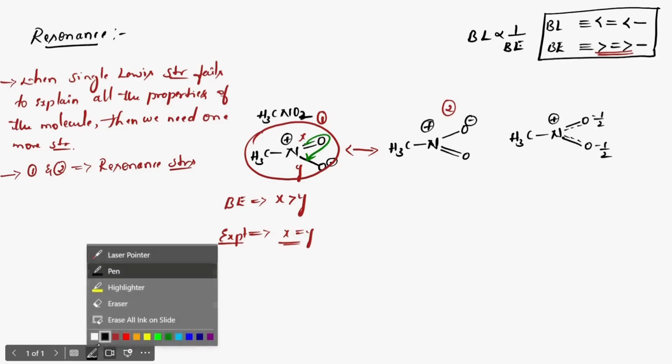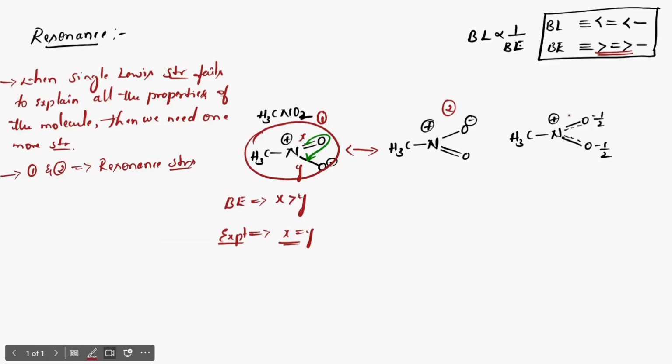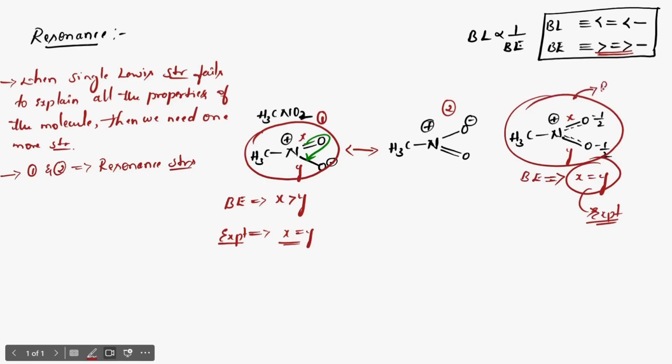Now, if you write the bond energy order, definitely X is equal to Y. Again, this is the experimental data. So this structure is real, and it is called the resonance hybrid.